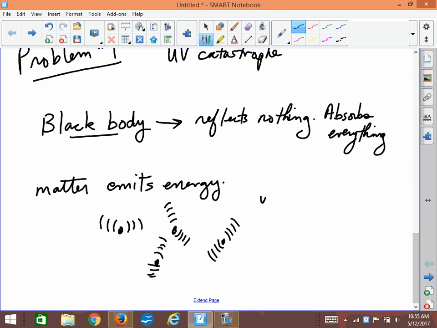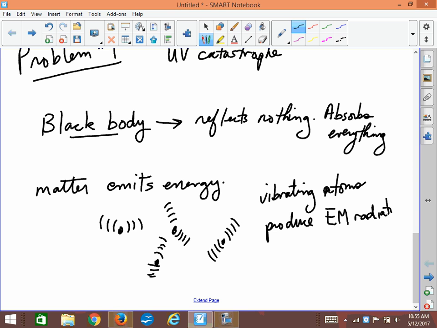So vibrating molecules or atoms produce electromagnetic radiation, which is another fancy word for energy in these waves.